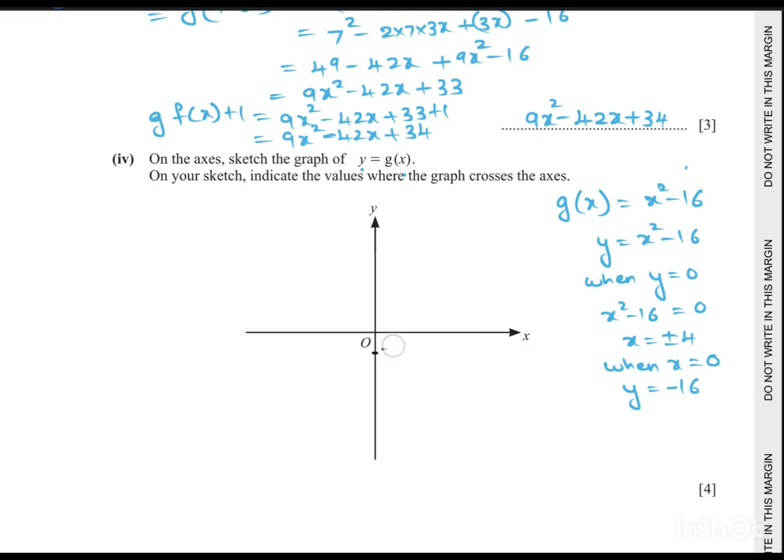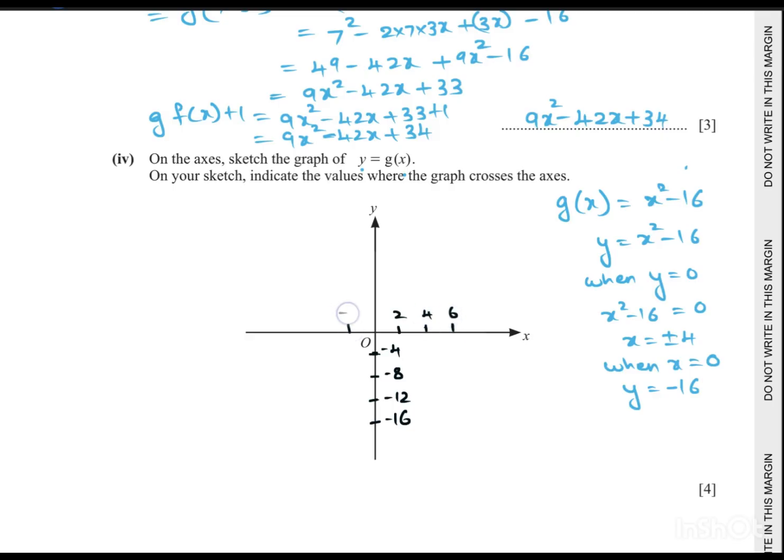Let me start with minus 4, minus 8, minus 12 and minus 16. Then on the y-axis, let me take 2, 4, 6.